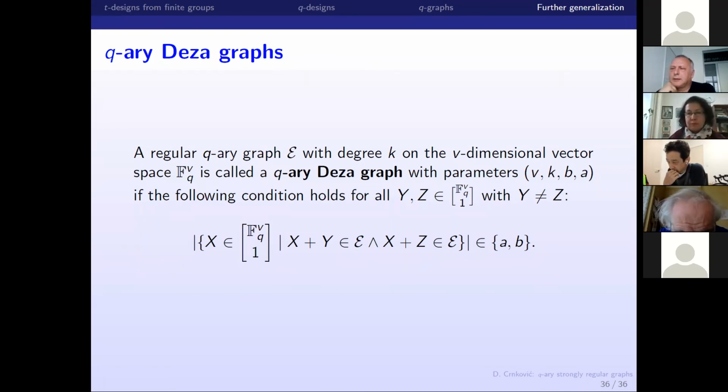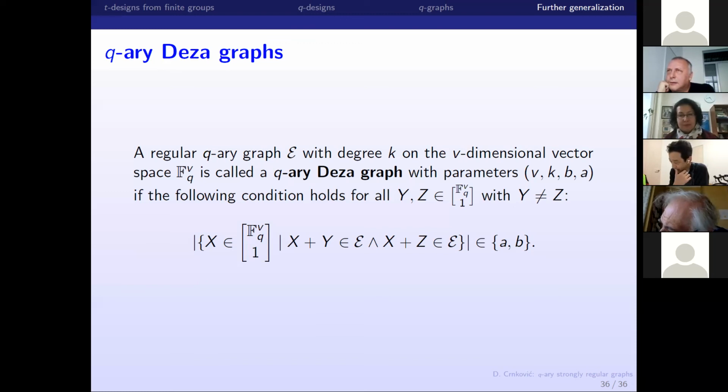I guess the symplectic polar graph could be considered as a q-ary strongly regular graph. It is a strongly regular graph in the usual sense. The set of vertices is just the set of one-subspaces of an even-dimensional vector space, and edges are just totally isotropic lines.